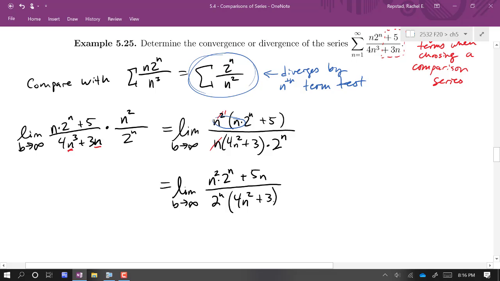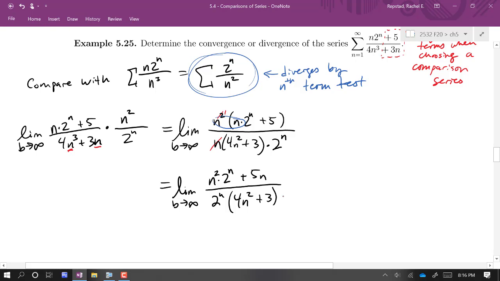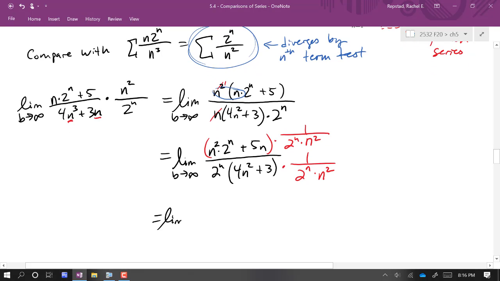All right. It still looks a little messy, right? So I'm going to use a little algebra technique here. I'm going to multiply both the top and the bottom by 1 over the highest power of n, and also that 2^n, to get that out of there. So 1 over 2^n times n squared. Up top, if we distribute, 2^n times n squared times 1 over 2^n times n squared, that's 1.